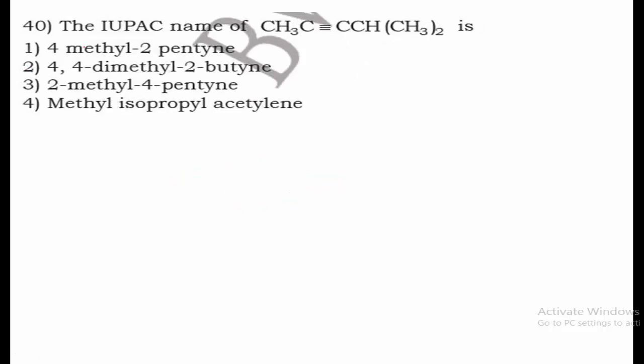Then 14th, the IUPAC name of CH3C triple bond CCH CH3 twice is, simply follow the rules, you will get 4-methyl-2-pentyne. Triple bond is there, so you use YNE, with 5 carbon atoms, 1, 2, 3, 4, 5, so pent and YNE.